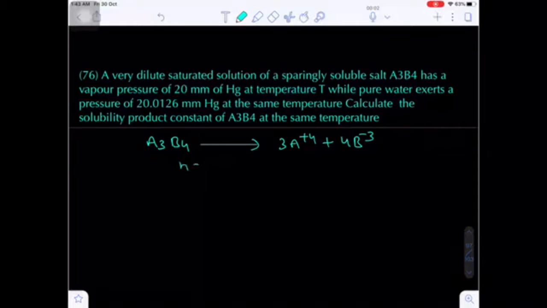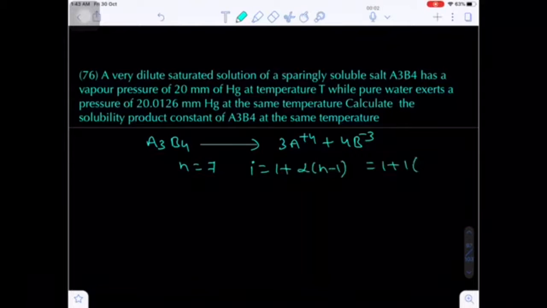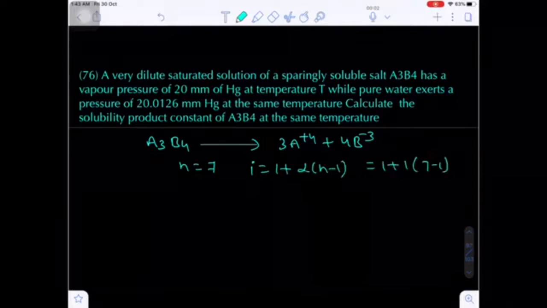So the number of particles is 3 plus 4, 7. So iota will be equal to 1 plus alpha times (n minus 1). Taking alpha as 1, n minus 1 is 7 minus 1, 6, and 6 plus 1, again iota value 7.